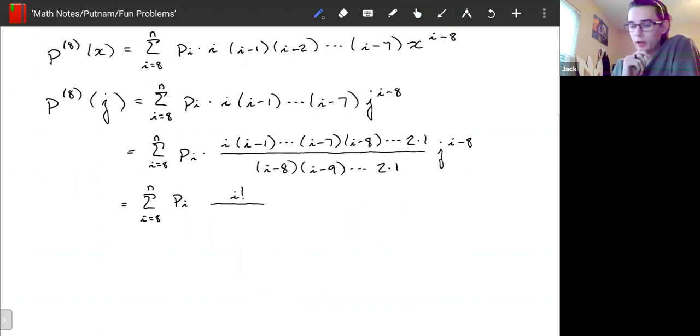So what I'm thinking when I see this i factorial in the numerator is that maybe we can somehow relate this coefficient to the binomial coefficient.